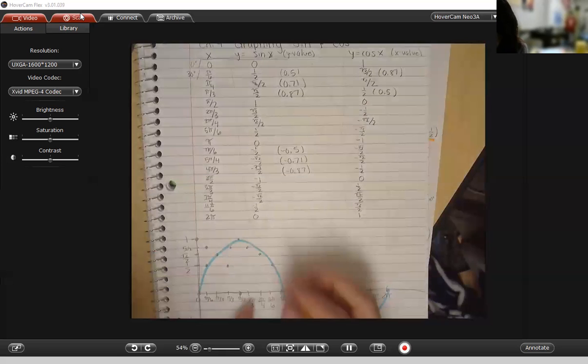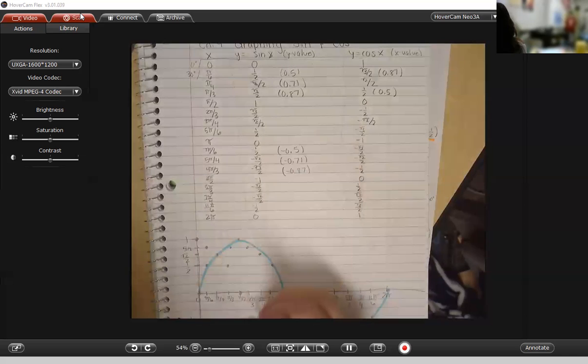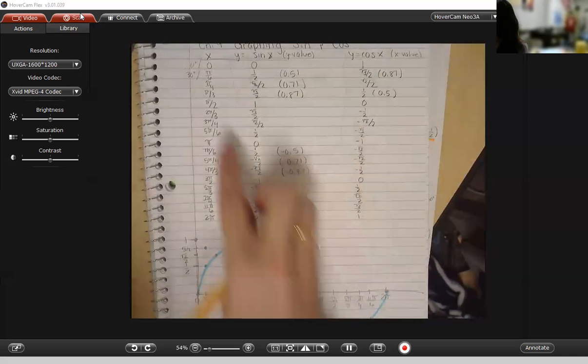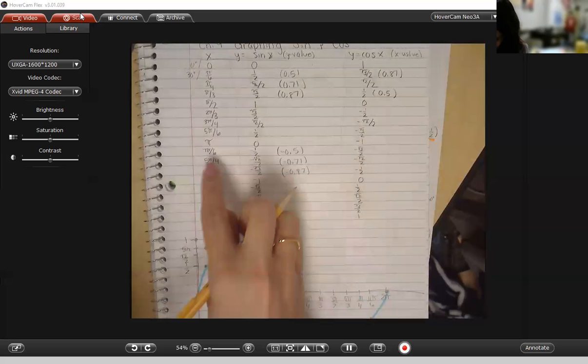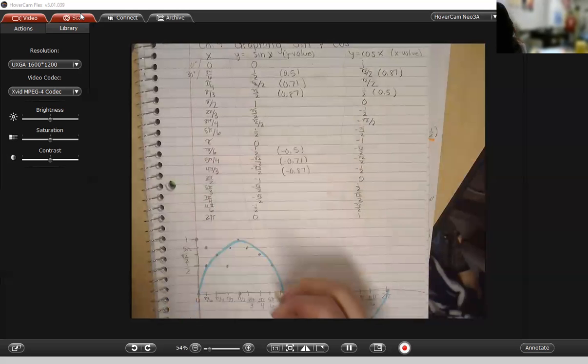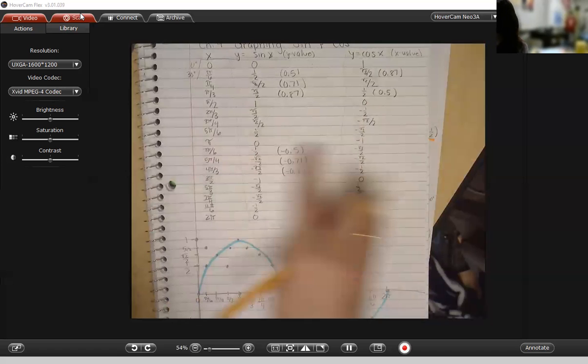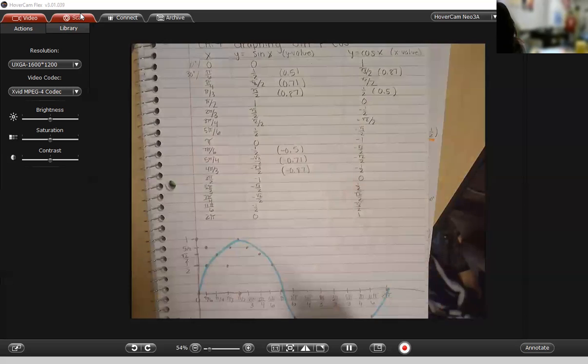At 2 pi over 3, I'm at negative 1/2. 3 pi over 4, I'm at negative rad 2 over 2. 5 pi over 6, I'm at negative rad 3 over 2. And at pi, my cosine is negative 1. And then what happens? Well, can you guess?